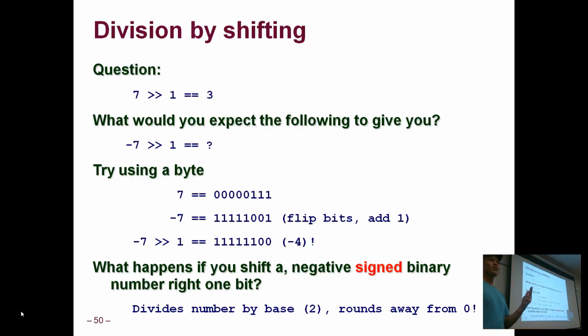It's rounding down. Technically, yeah, but you have to know that. They're all rounding sort of the same direction, but I would expect this to give you negative 3, because otherwise this isn't parallel.